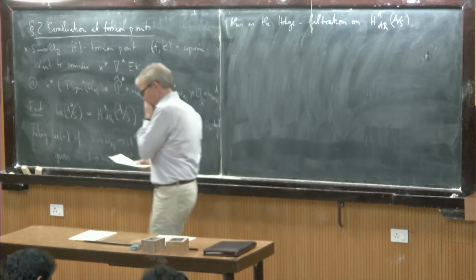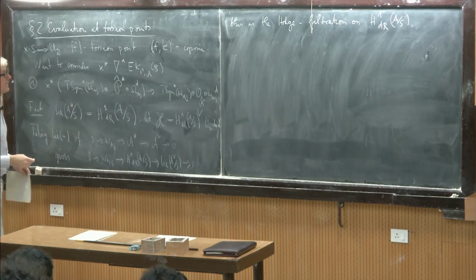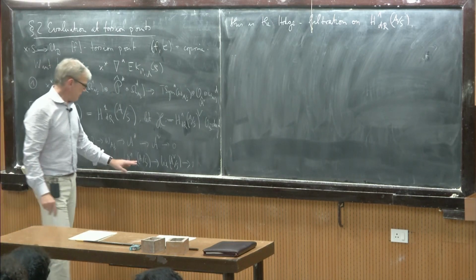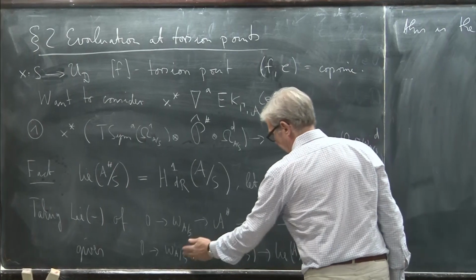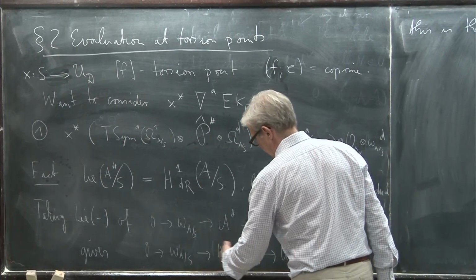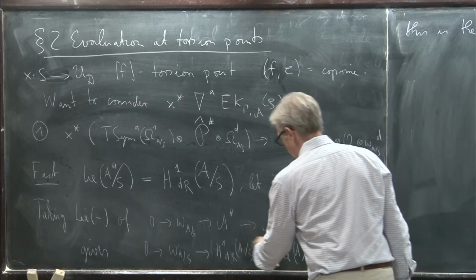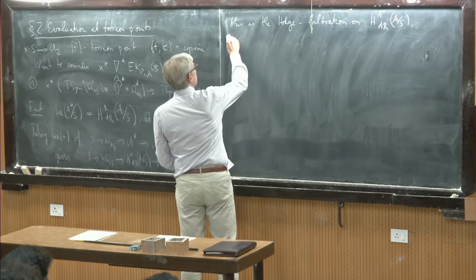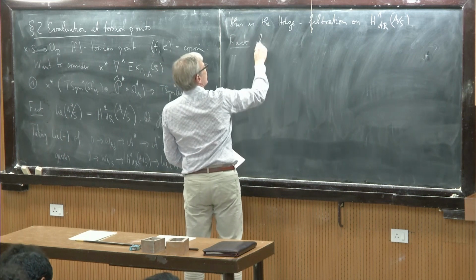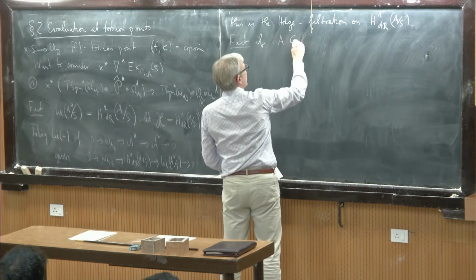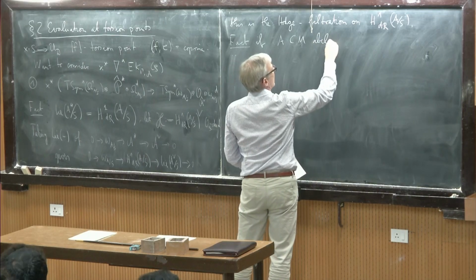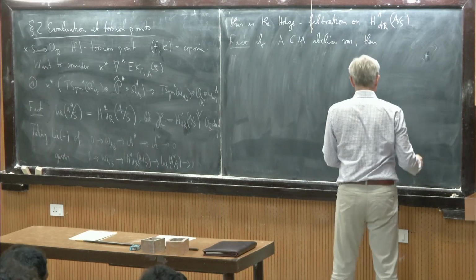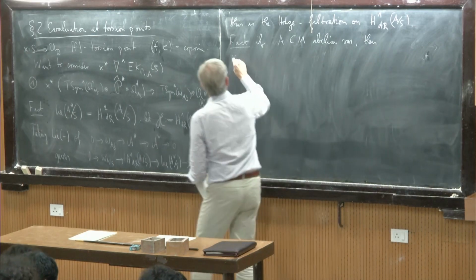And now the point is, and that's really important for the algebraicity, in general this Hodge filtration is not split. For an arbitrary abelian variety, you cannot naturally split it. But for CM abelian varieties, this is possible. So fact: if A is a CM abelian variety, then we have the following decomposition.